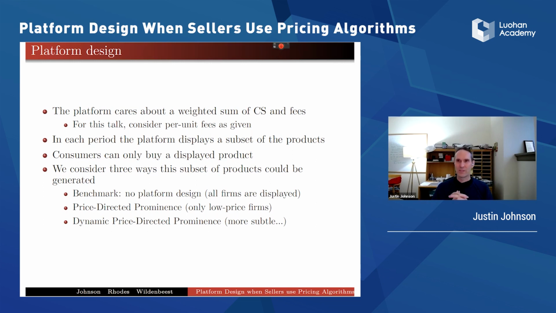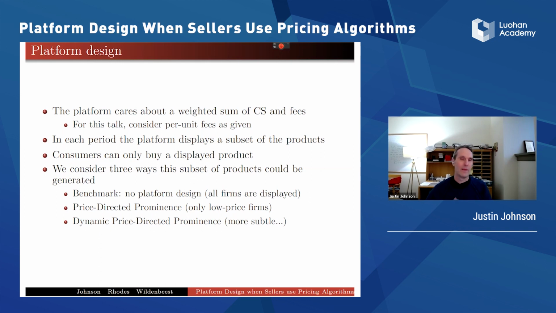So every time a merchant sells something on the platform, it gets a fee for each unit. Now we could also think about revenue sharing, and if I have time, I'll talk a little bit about that at the end. But anyway, the platform cares about consumer surplus to some extent. How much is just a parameter, and they also care about their own fees. You could think about the consumer surplus as being a proxy for caring about competition, right? If I try to take too much from consumers today, I'll lose demand to whatever, Walmart, tomorrow.